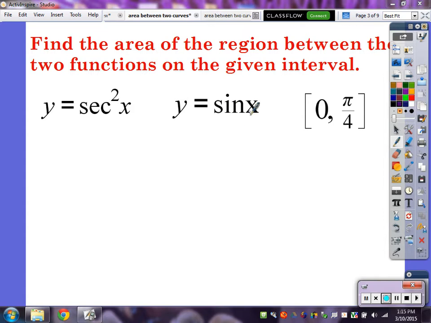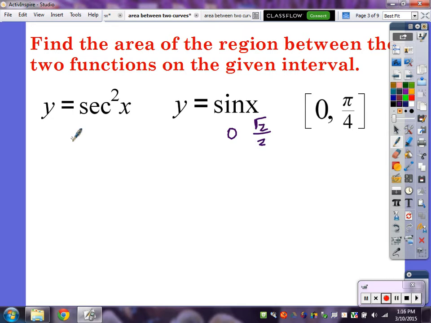So think about sine of x, and sine of x bounces between two values, 1 and -1. And from 0 to pi over 4, it's even more narrow than that. So when x is 0, sine is 0. And then when x is pi over 4, sine is square root of 2 over 2.